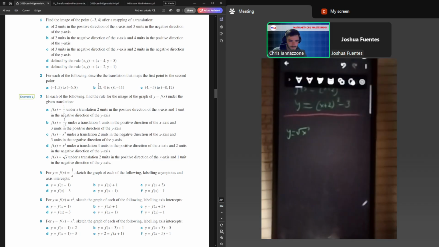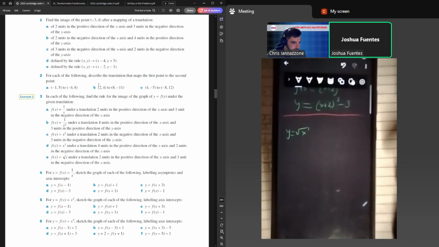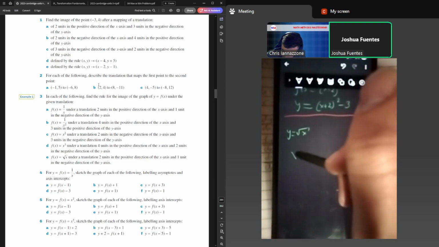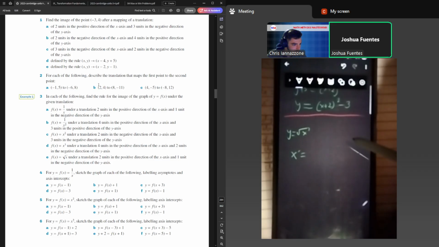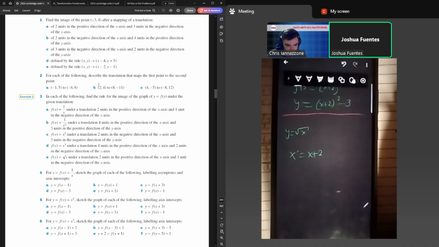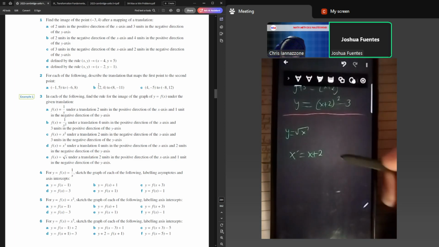Our x will be 2 units in positive, so it'll be x plus 2, and then our y dash will be y minus 1.